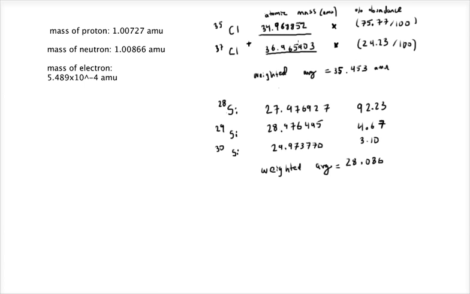So that would be 34.968852 times 0.7577 plus 36.965903 times 0.2423. And that should give you 35.453. And I've given you another example here for silicon that you can do just to practice and make sure that you can come up with this number. And that's it.